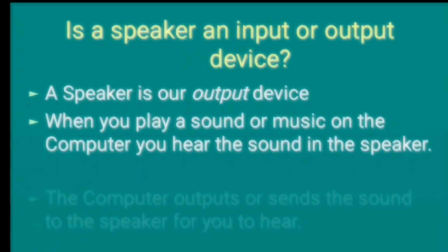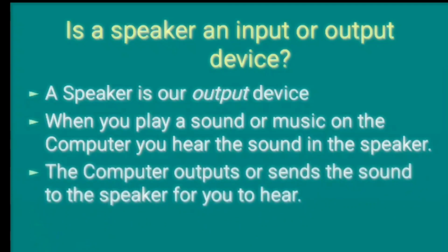Is a speaker an input or output device? A speaker is an output device. When you play a sound or music on the computer, you hear the sound in the speaker. The computer outputs or sends the sound to the speaker for you to hear.